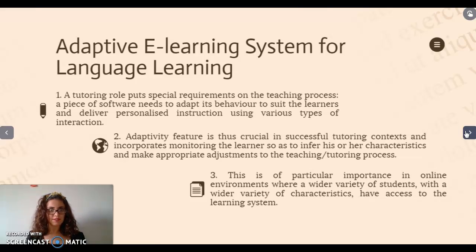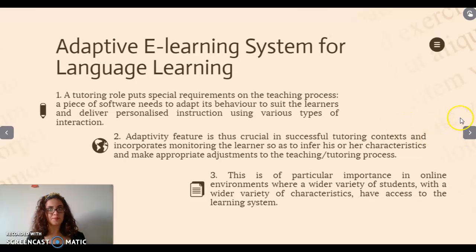For language learning, there is a tutoring role, and for the second one there is context, with incorporated monitoring of the learner. There is a teaching and tutoring process, and for the second one, this is of particular importance in online environments where a wider variety of students with a wider variety of characteristics have access to the learning system.